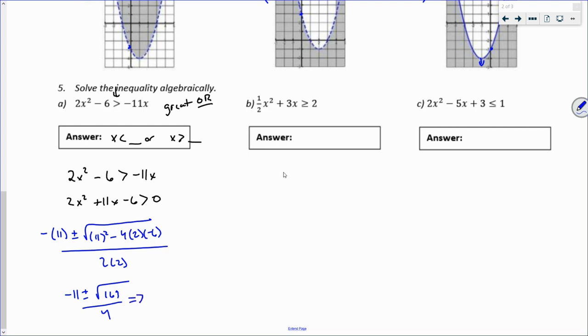The square root of 169 is 13. So then we have negative 11 plus or minus 13 over 4, which means negative 11 plus 13 divided by 4 is 0.5. Negative 11 minus 13 divided by 4 is negative 6. So I'll put the smaller number here. We can be less than negative 6 or greater than 0.5.